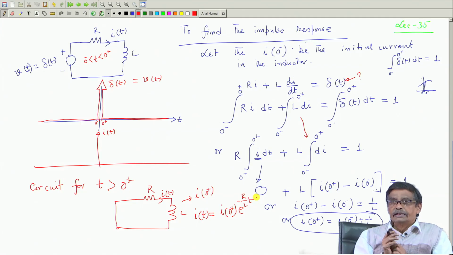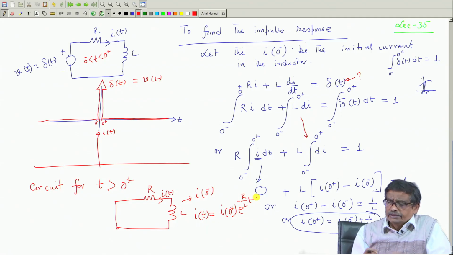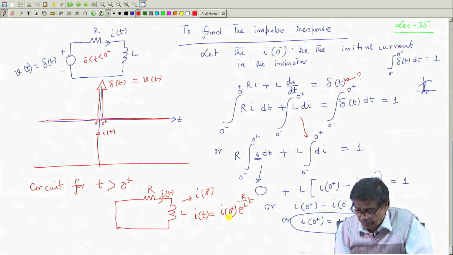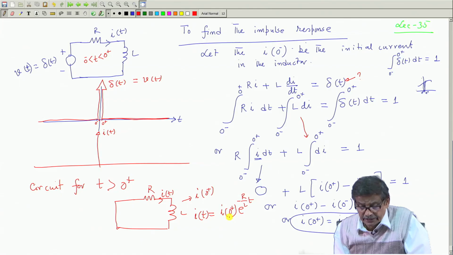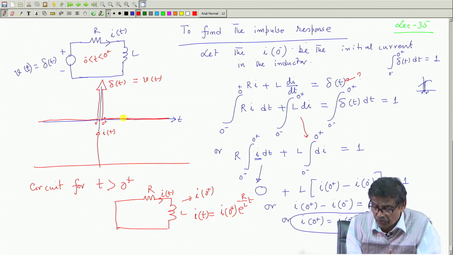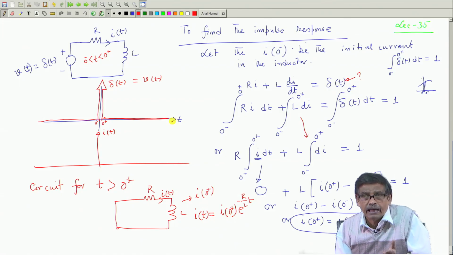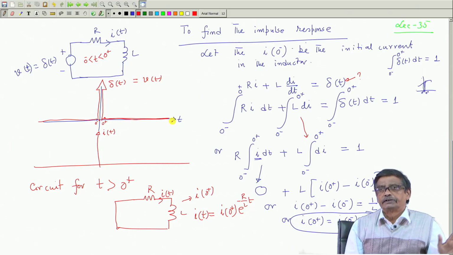Got the idea? That is, the impulse will change the initial current in no time. It was I 0 minus, and it will suddenly make it I 0 plus, and for t greater than 0 plus the circuit is shorted. The impulse appeared and it vanished in no time.